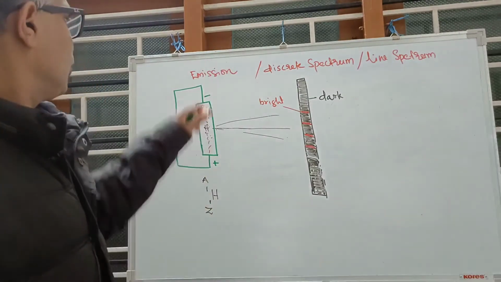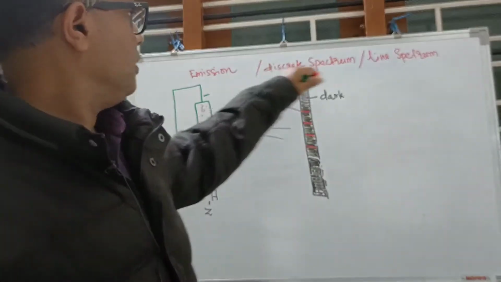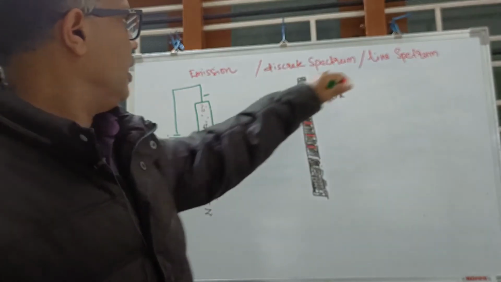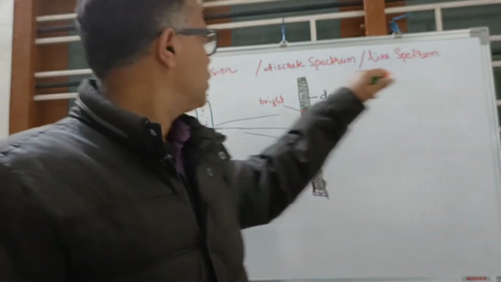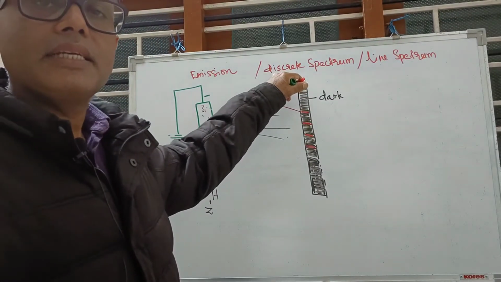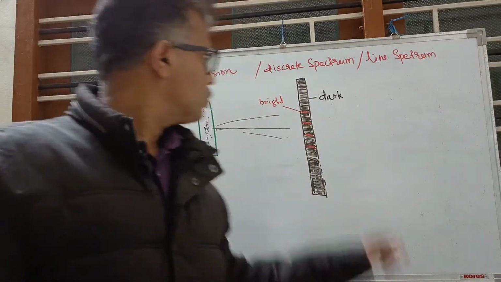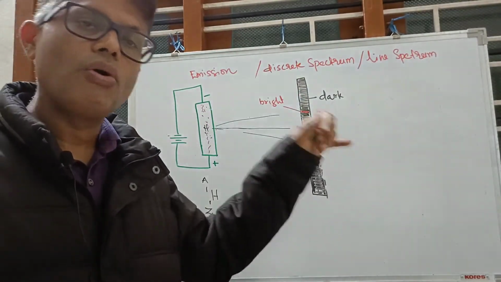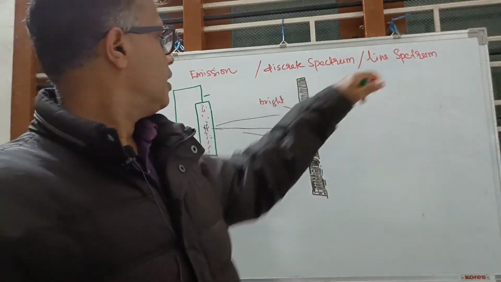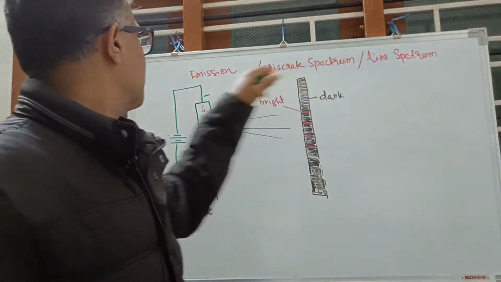So how many names now? Emission spectrum, discrete spectrum, line spectrum. What is meant by the name discrete? It is not a continuous one. Continuous is the opposite of discrete, non-continuous. Line, it is called line spectrum.